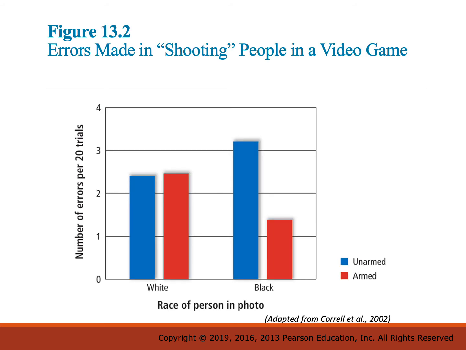So here you go. Here's a chart showing the results of this research. And you'll see on the vertical axis the number of errors per 20 trials. And then across the horizontal axis, you see the race of the person that you were shooting at in the video.